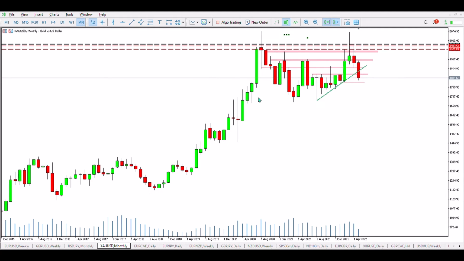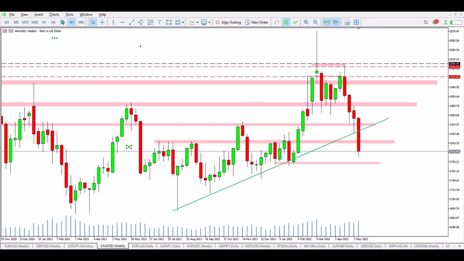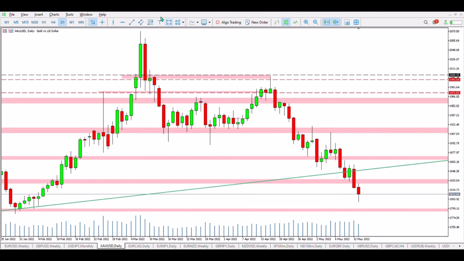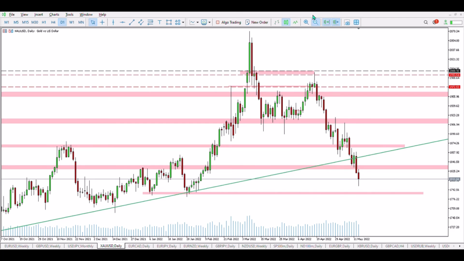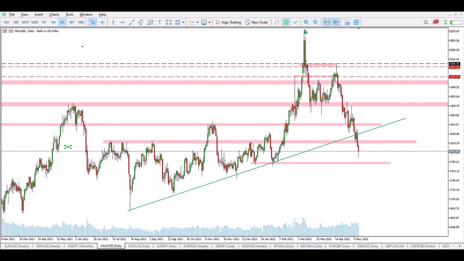So on the monthly we are pretty bearish. It's half of the month, but here I don't see any good opportunities for trading. But I will tell you one thing.